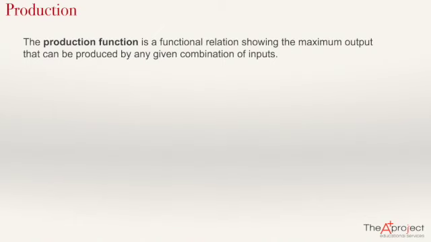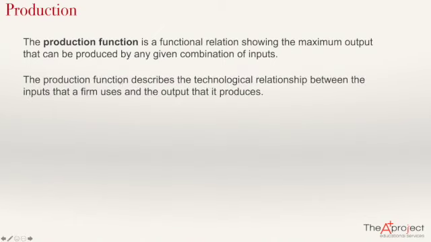So we are going to consider that the production function describes the technological relationship between the inputs that a firm uses and the output that it produces. We can consider, for example, that the quantity produced is a function of labor, land, and capital. One of these factors could sometimes be fixed and the other variable.